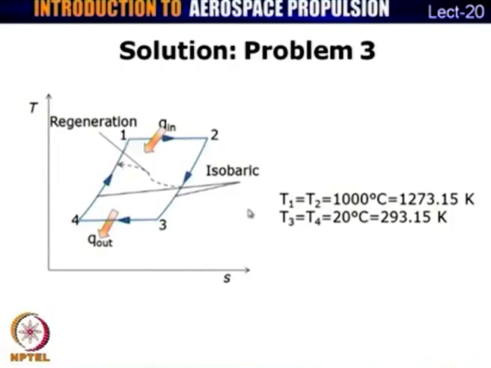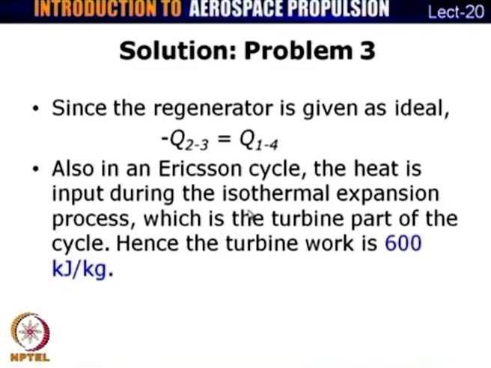That is an isothermal expansion process, which is primarily the turbine part of the cycle. Since heat is added during the isothermal expansion process, which is the turbine of this particular cycle, the heat added during process 1-2 is basically equal to the turbine work, because that is the expansion process of an Ericsson cycle.